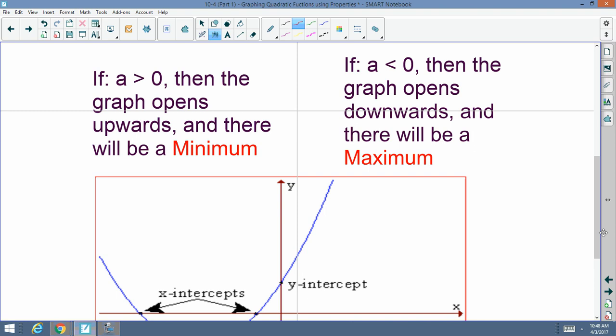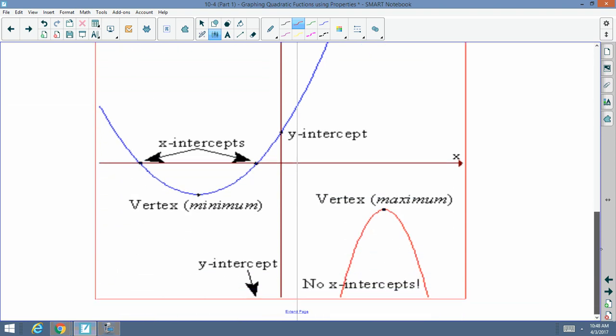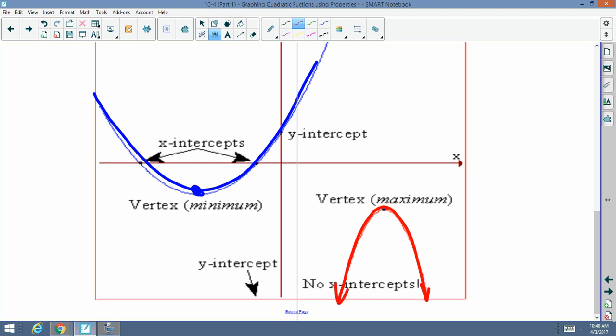If a is negative, I'm going to have a maximum. So if my a is positive, that means that my parabola is pointing upwards. I'm going to have a minimum. It's going to be the lowest possible value. If my a is negative and I have a graph that's pointing downwards, I'm going to have a maximum. It's my highest possible value.